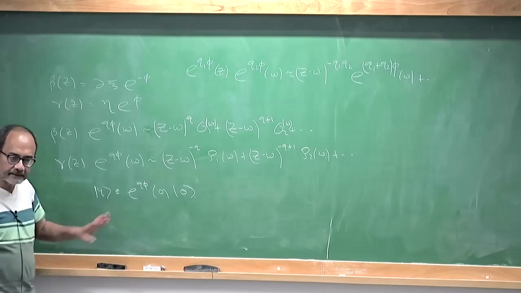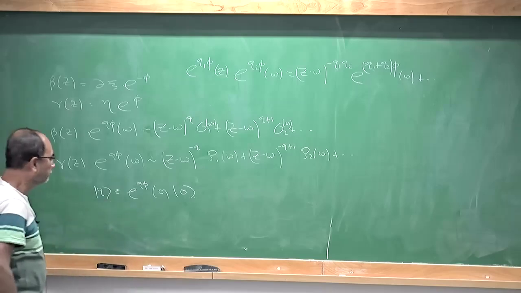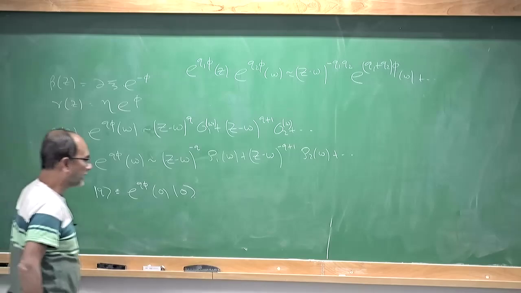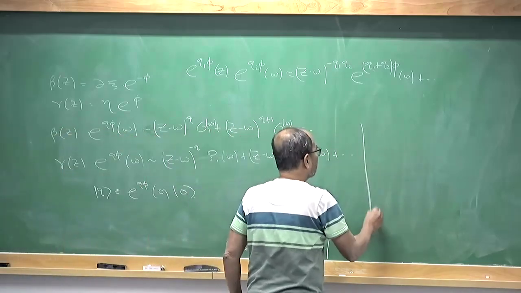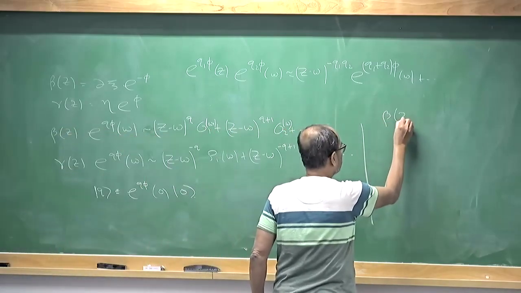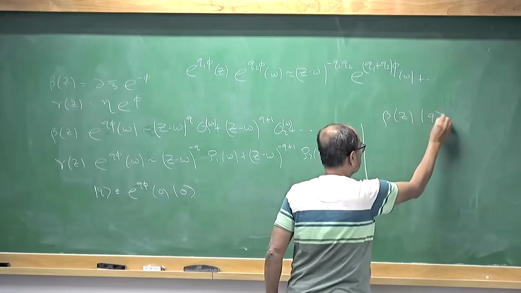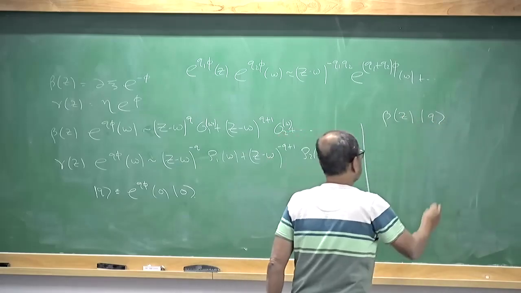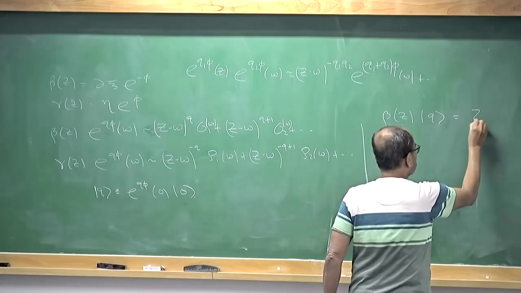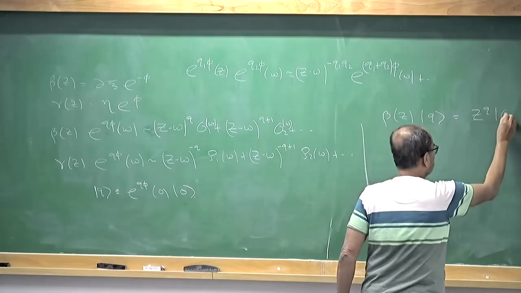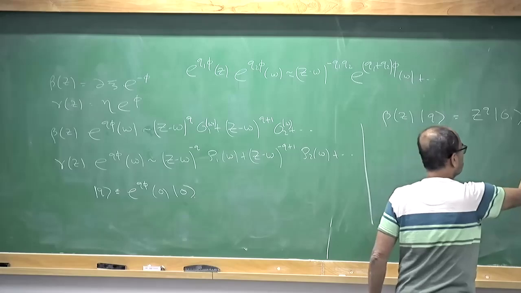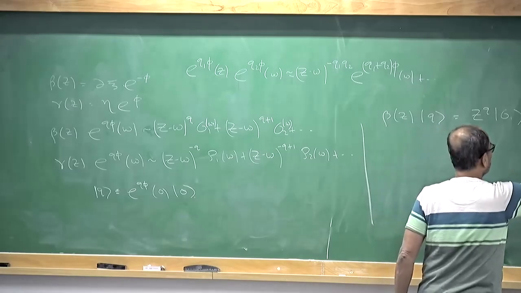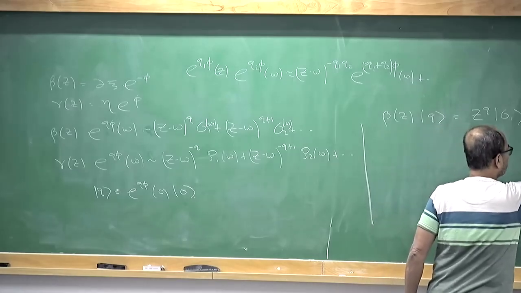This is clear? Okay. So now, if we apply β(z) on such a state, β(z) on the q-picture vacuum, this will give you z^q times O1 plus z^{q+1} O2 and so on.